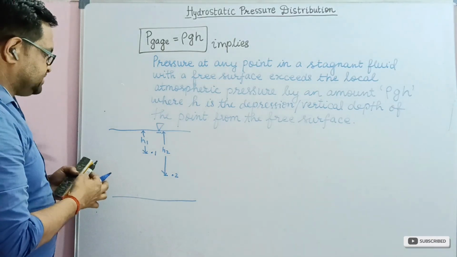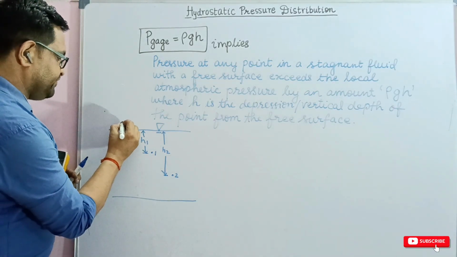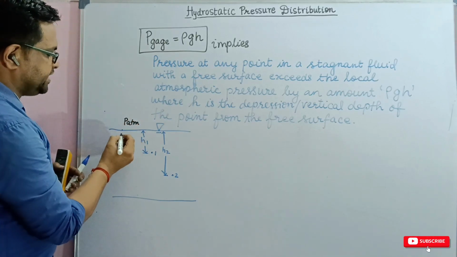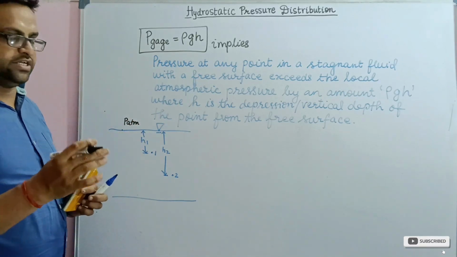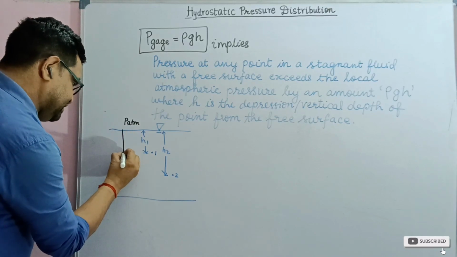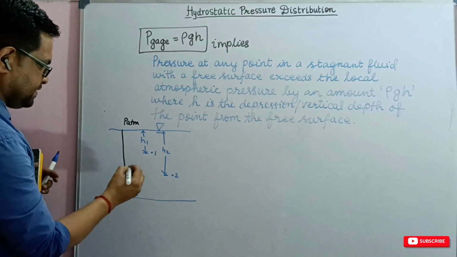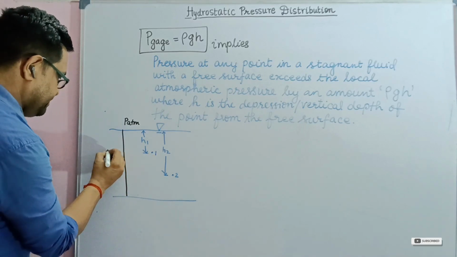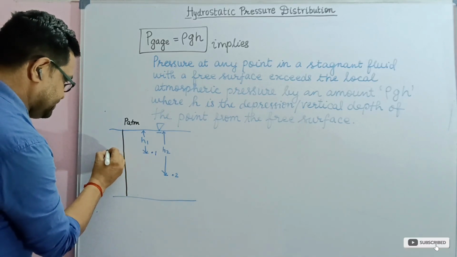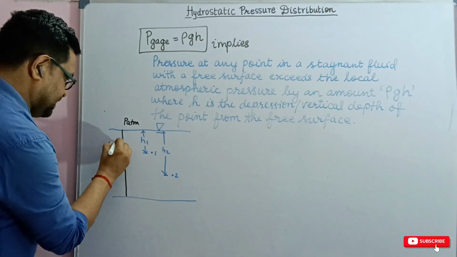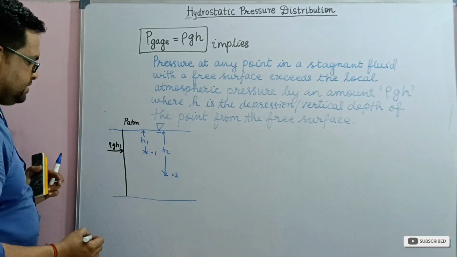So here the pressure that is acting at the free surface is P atmospheric, and so here there will be a zero gauge pressure. Now the pressures can be represented as, at point 1, which is at a vertical depth of h1, the gauge pressure will be rho g h1.